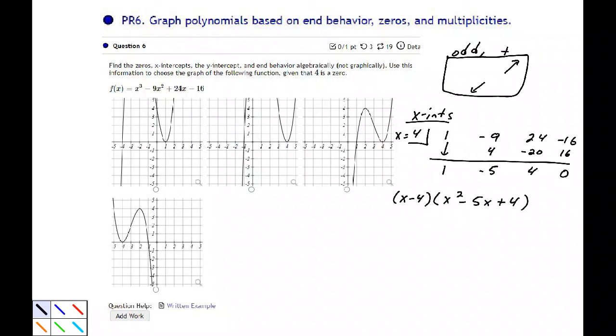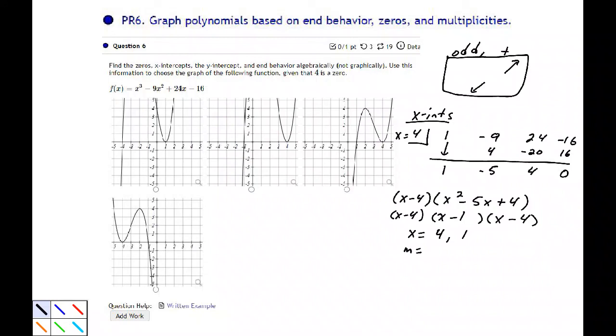I had a 1, negative 5, 4, and a remainder of 0. That becomes x squared minus 5x plus 4. Now x squared minus 5x plus 4 also factors as (x minus 1)(x minus 4). So this ends up as (x minus 4)(x minus 1)(x minus 4). 3 different quantities. So that means our x-intercepts, our zeros, are 4 and 1.